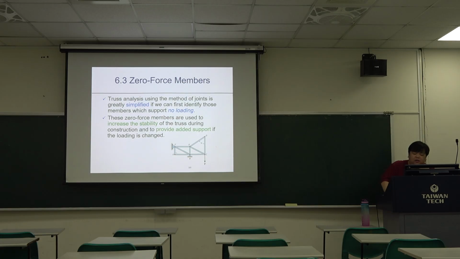And why do we have zero force members? Because these zero force members are used to increase the stability of the truss during construction and to provide added support if the loading is changed. Like in this figure, this part and this part are zero force members.